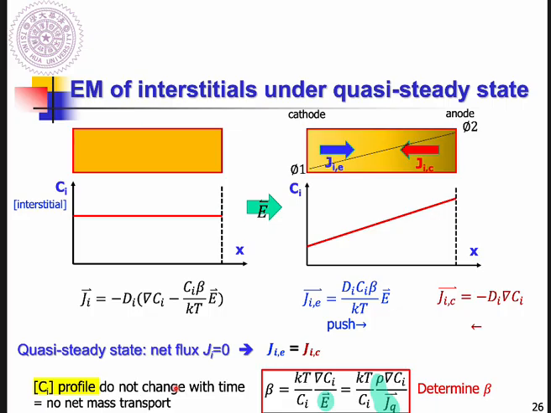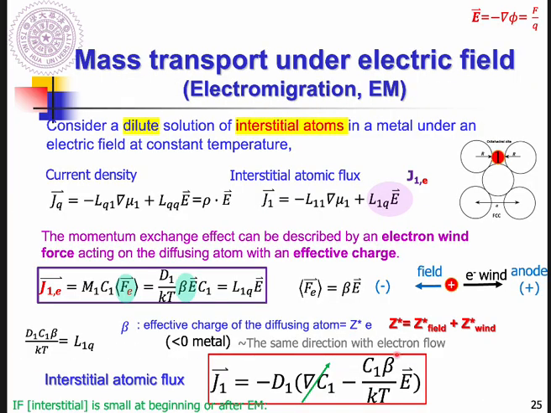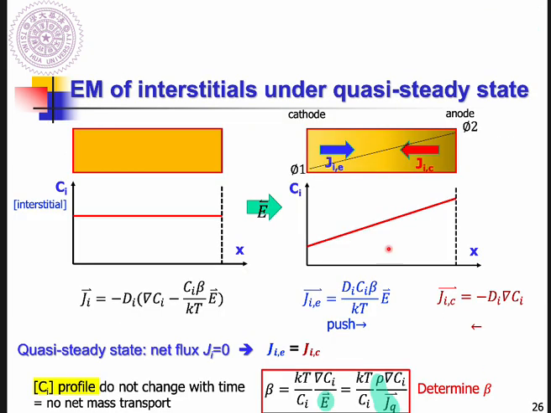Then you know whether this electrical field you apply on this system allows the system to reach steady state or not. Okay, so this is how we get it. As long as you determine the beta, then you can use this beta to get the interstitial atomic flux. So this is the whole story.